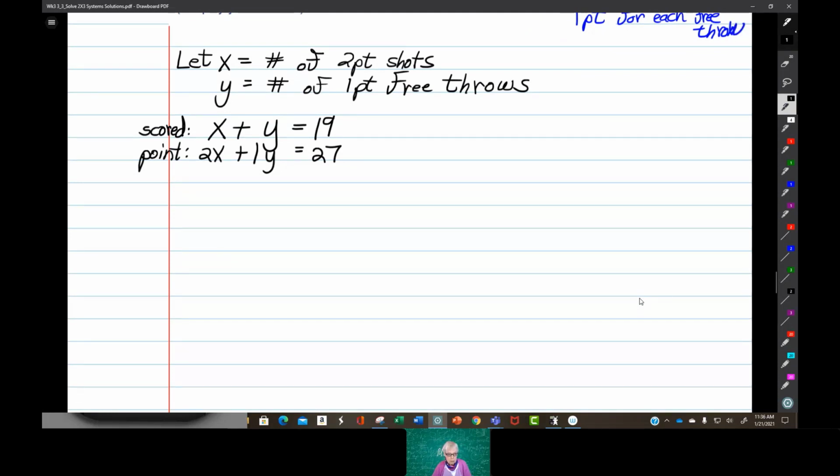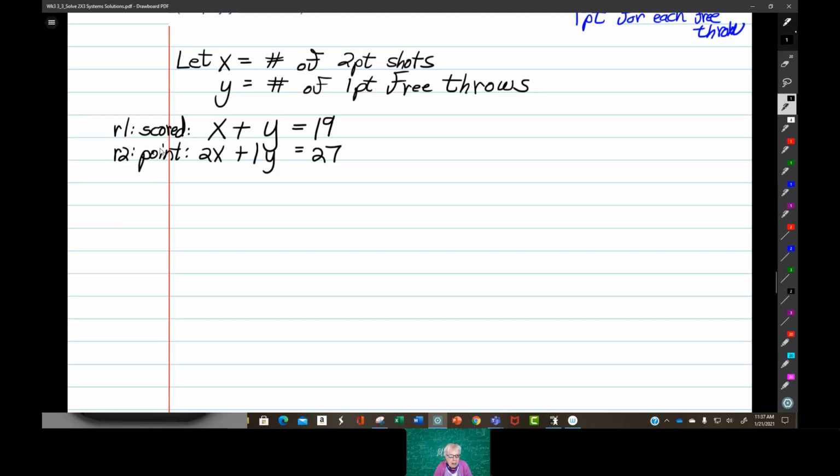So now we can use elimination. How about them y's?